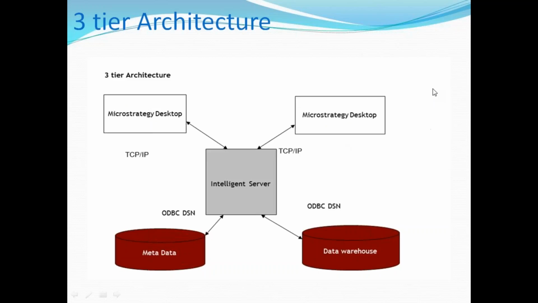Once different users run that particular report from their interface, first, instead of going to your metadata, the control comes to the Intelligent Server. What the Intelligent Server does is, there are multiple users who log in, and this server is going to take care of balancing your load.